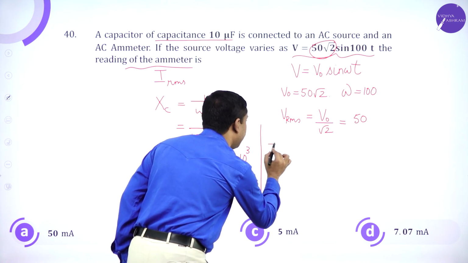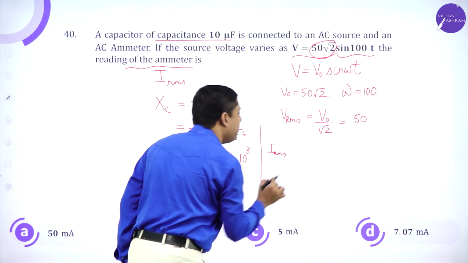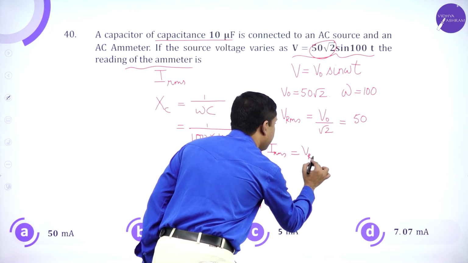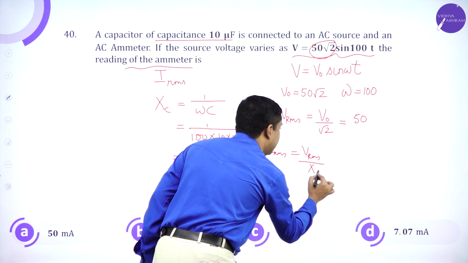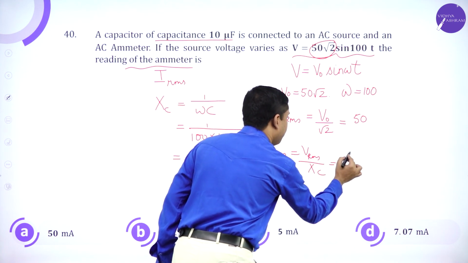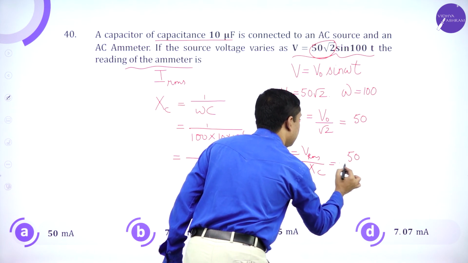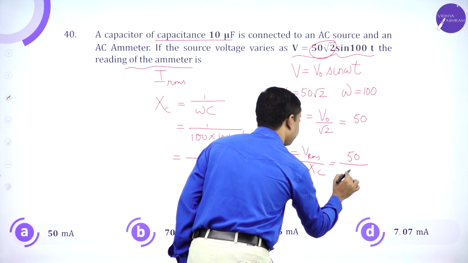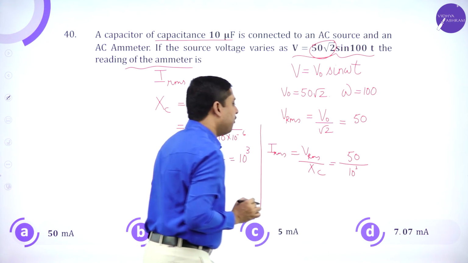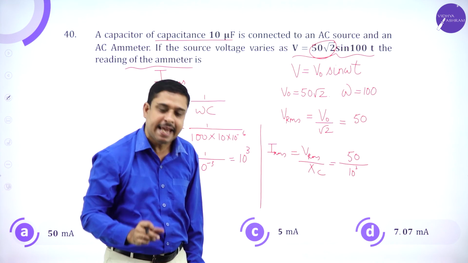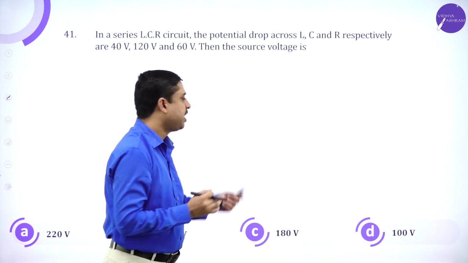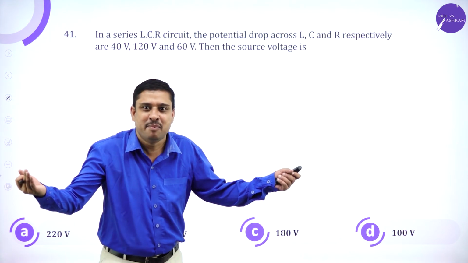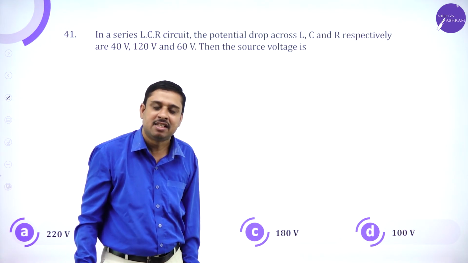How will I calculate IRMS? I is V by R generally, so this is VRMS divided by XC. So 50 divided by the value of XC. So 50 milliamps should be the answer. See, very simple. Just comparisons, that is ultimately driving me to the solutions.